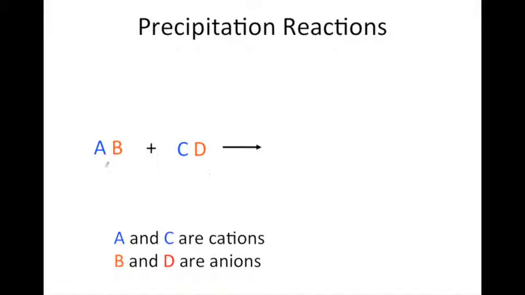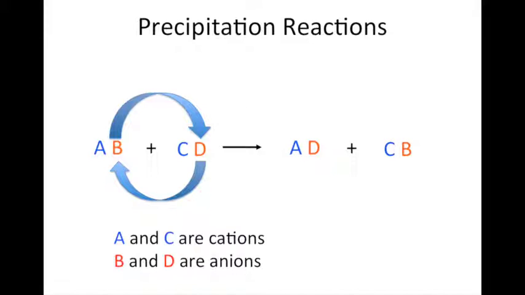We have our two reactants, AB plus CD, where A and C are the cations. Of course, they're written first, and B and D are the anions. In a double replacement reaction, essentially the two anions switch places.